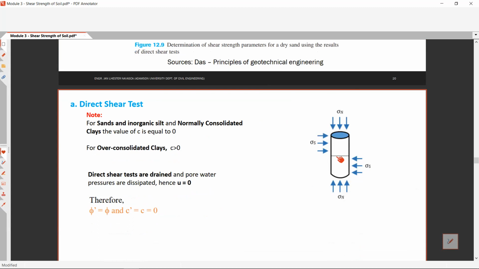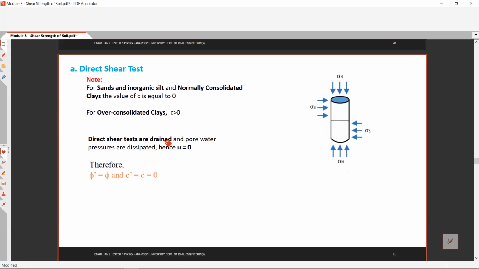So, for sands and organic silt and normally consolidated clay, the value of C is equal to 0. And for over-consolidated clay, your value of C is greater than 0, or you have a cohesion value. So the direct shear tests are drained and the pore water pressure is dissipated. Hence, we can say that our pore water pressure is 0.